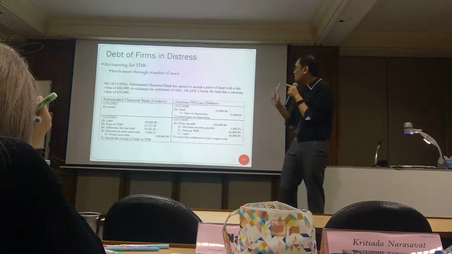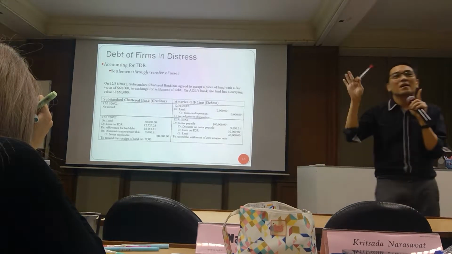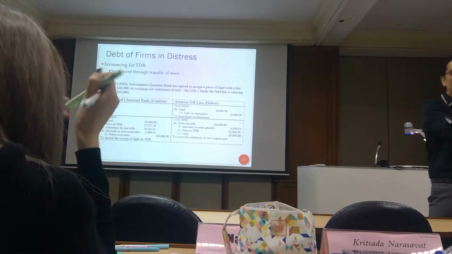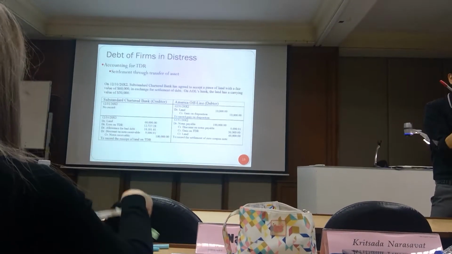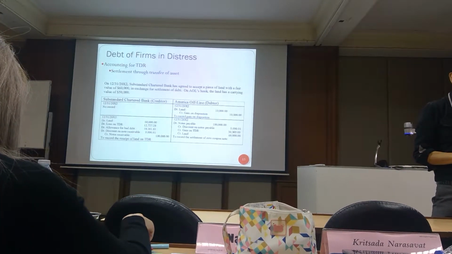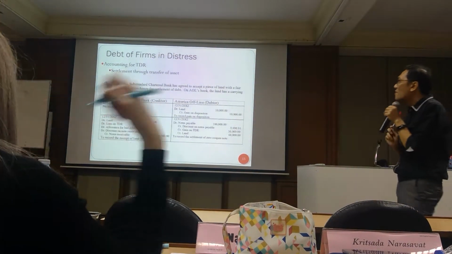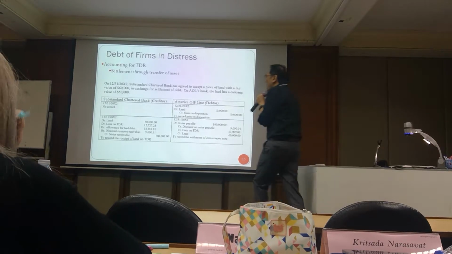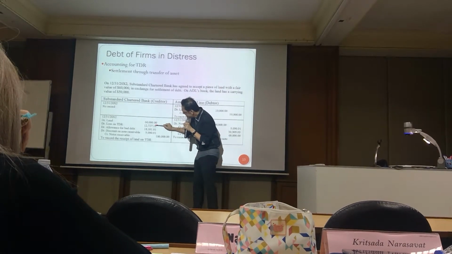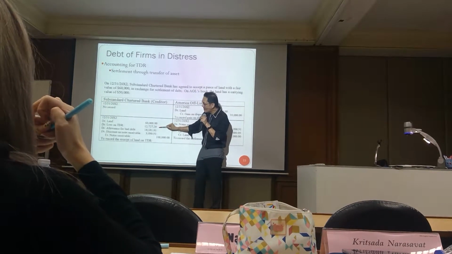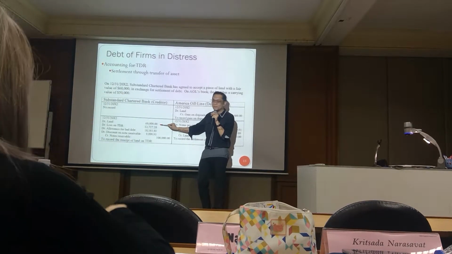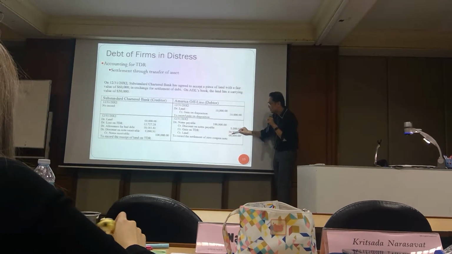Alright? Look what happened. One got a gain, one got a loss, but different amounts. In fact, if you add this and this together, how much will it be? 30.